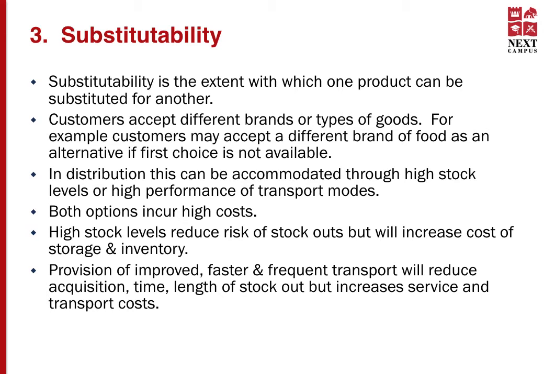Both options incur high costs. High stock levels reduce risk of stockouts but will increase cost of storage and inventory. Provision of improved, faster and more frequent transport will reduce acquisition time and length of stockout but increases service and transport costs.